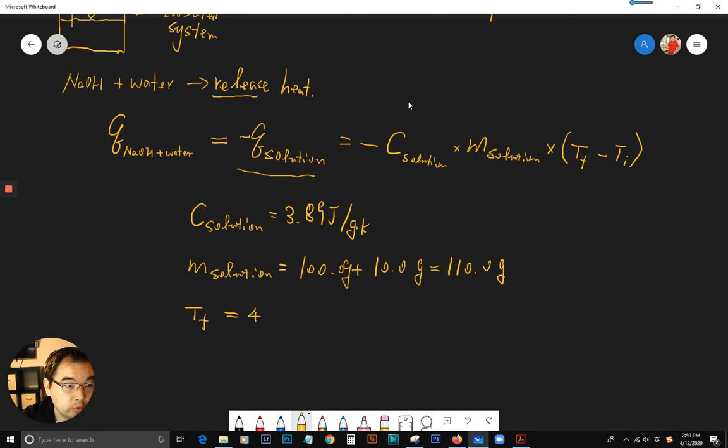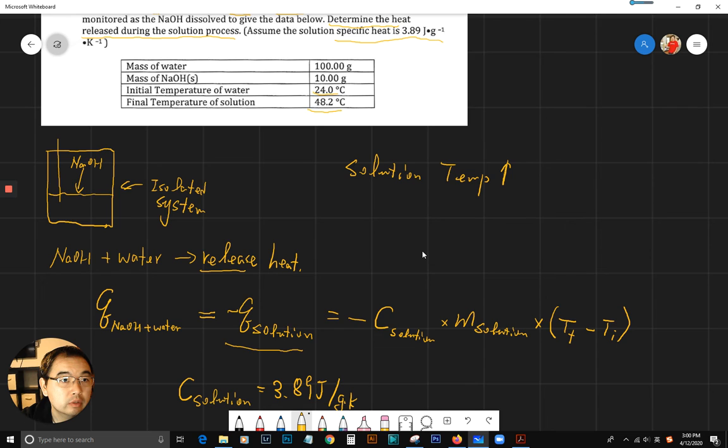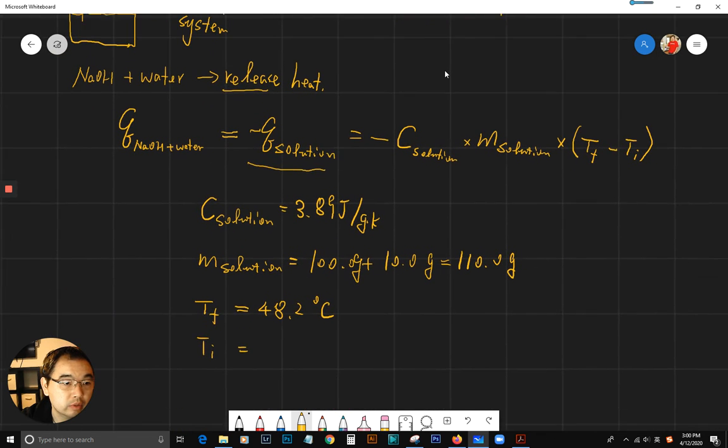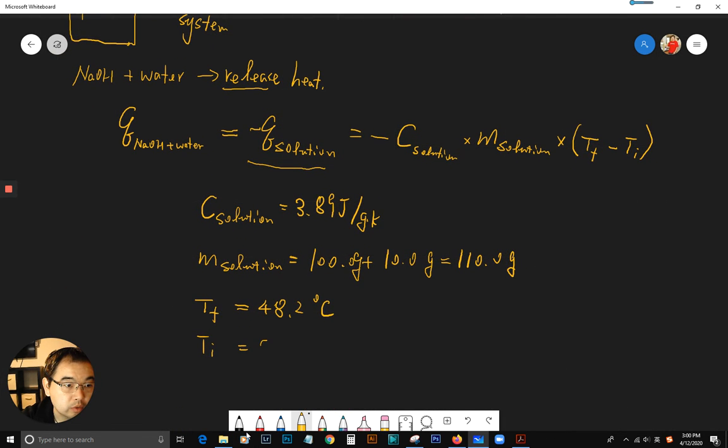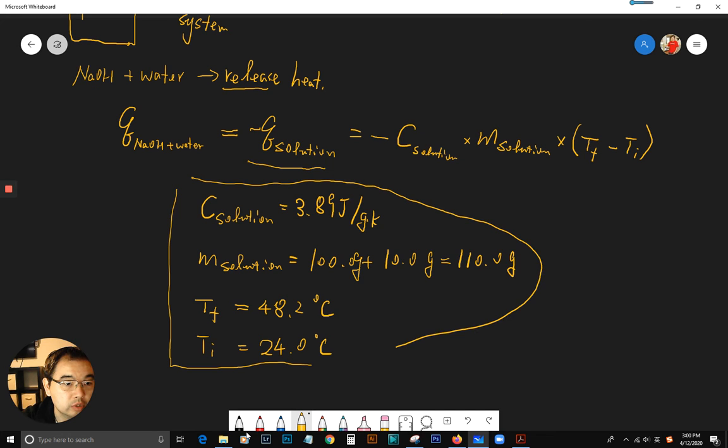Okay, then you put all the numbers into this equation, and you will find the heat generated by the sodium hydroxide and water.